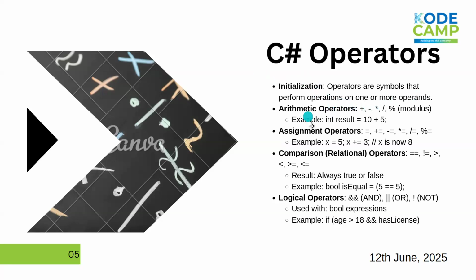The first operators are the arithmetic operators, your basic math symbols like plus, minus, multiplication. This slash is your division, while this other symbol that looks like a percentage, in programming we call modulus. I'll talk about the modulus and what it does later on.